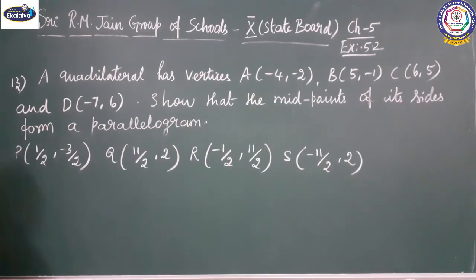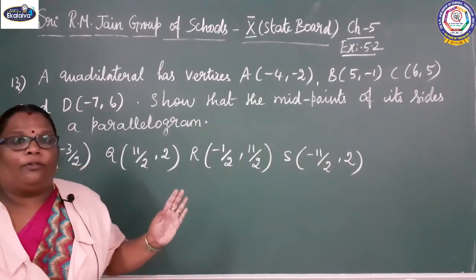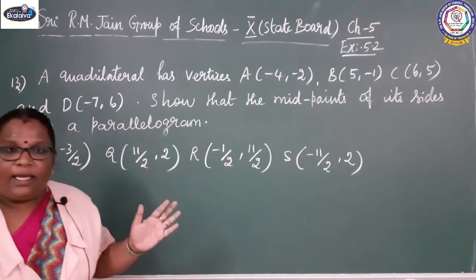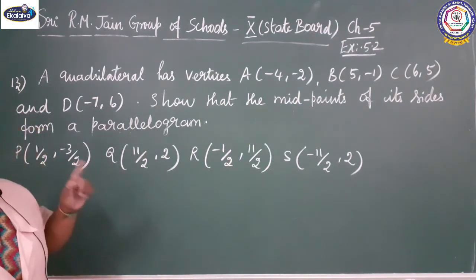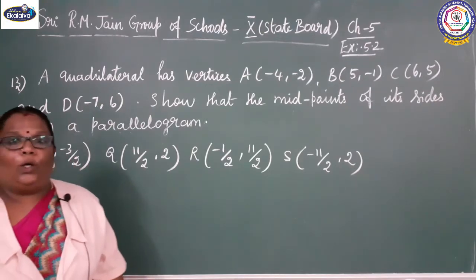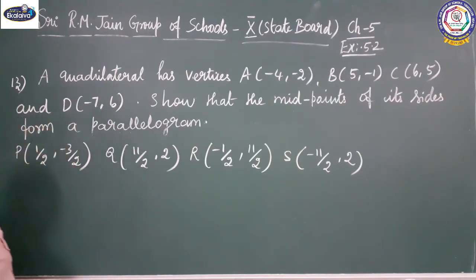Yeah, we found the value of the midpoints of AB, BC, CD and DA. Now we are going to prove whether these midpoints form a parallelogram or not. First you should find out the slope of PQ.